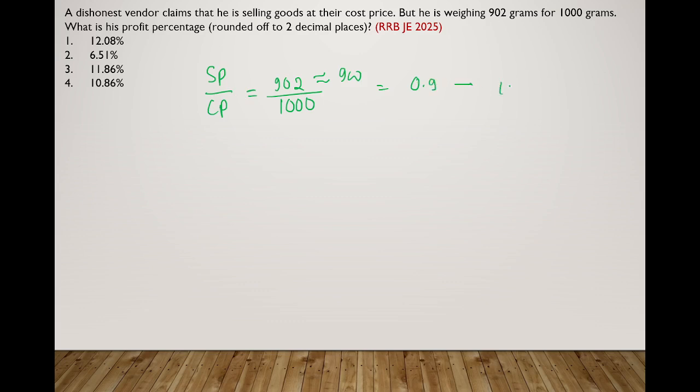So 0.9 means 10% loss, but none of the options matches. But here 0.9 is, because this is 902, this would be greater than 0.9. Are you getting my point? Since we are taking less than 902, it is not 9 times, it is 8 times something, 8.9, 8.7 something.